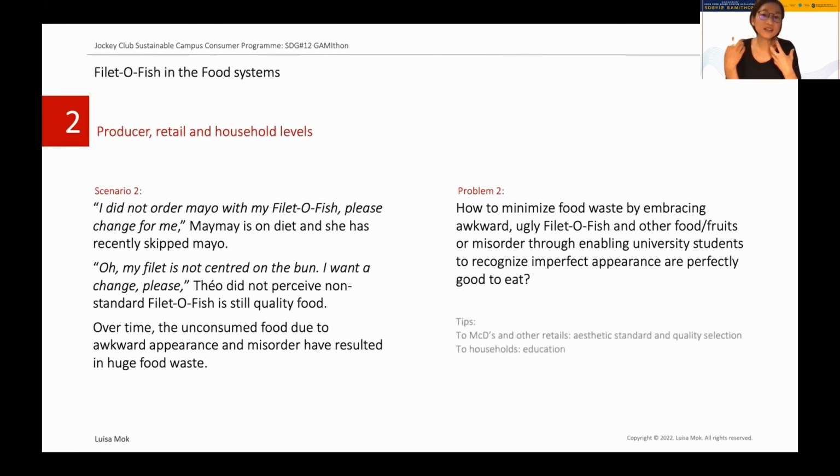Again, if you target retailers, if you target McDonald's, maybe they have to also adjust the aesthetic standard and also quality selection. So maybe they also need to promote to consumers that this is still good to eat. And then, again, is education. So they need to be educated that imperfect food is still okay to eat.